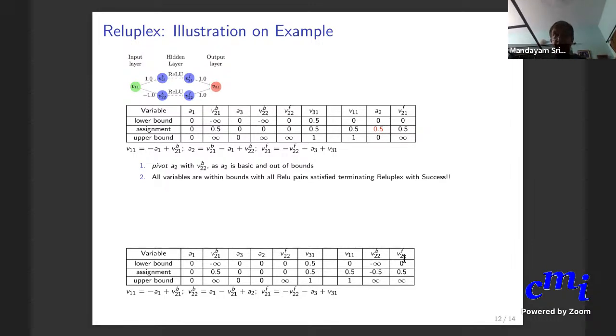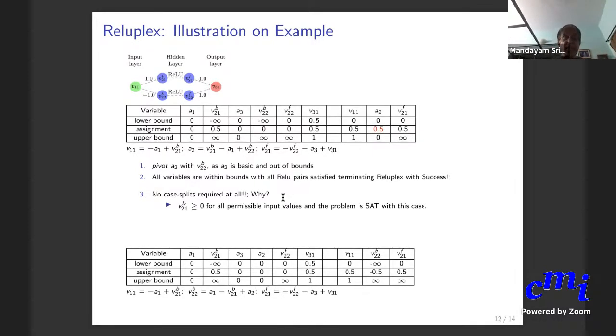Look at V21 of F and V21 of B, both are 0.5, and V22 of B is minus 0.5. Since that is negative, V22 of F is 0. So all of them are satisfied, and therefore you terminate ReluPlex with success. So as you can see in this case, no case splitting was needed at all.